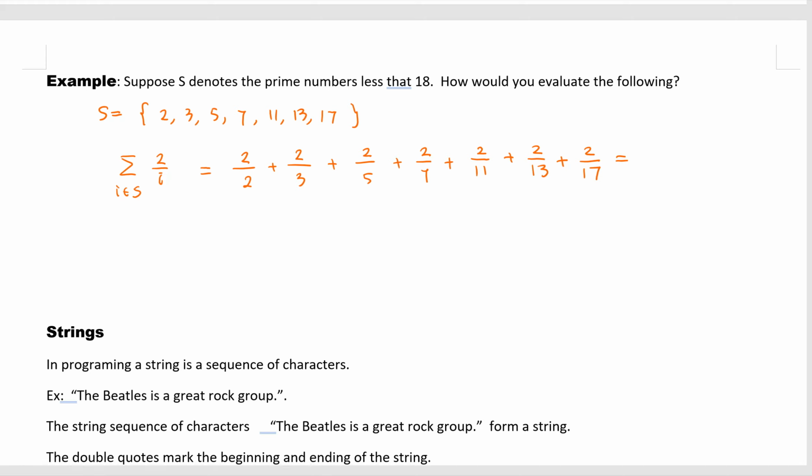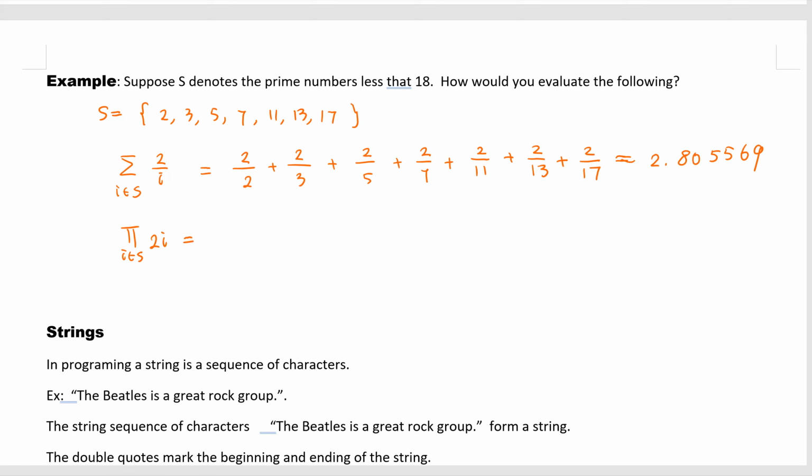My answer is approximately 2.805569. Okay, you might ask, how do I know how many decimal places I should include? Well, in the exam, I will let you know, so don't worry.